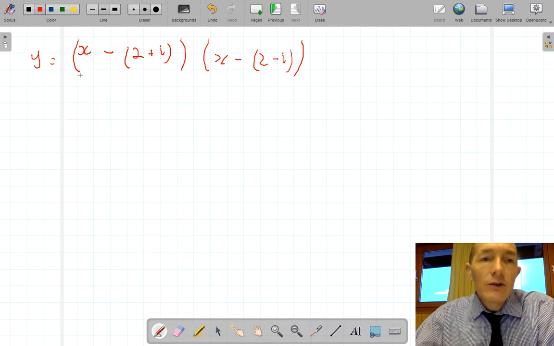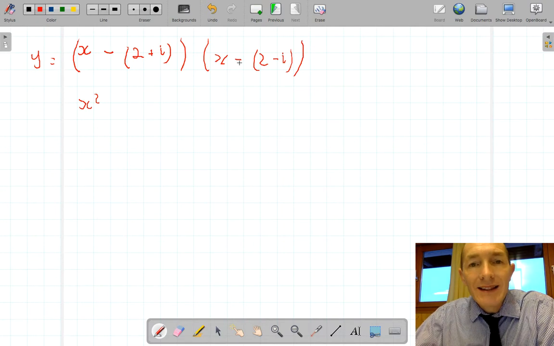Now if I expand all this, I get x times x, which is x squared. Now I'm going to expand everything in the second bracket. So I have x times negative 2, which is going to give me negative 2x. I have x times negative i, which is going to give me negative xi. Then I'm going to multiply this bracket by x.